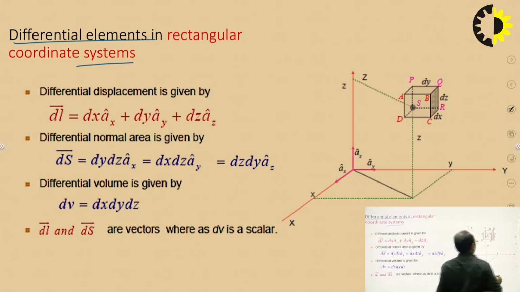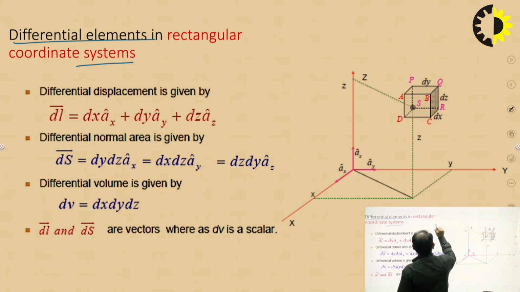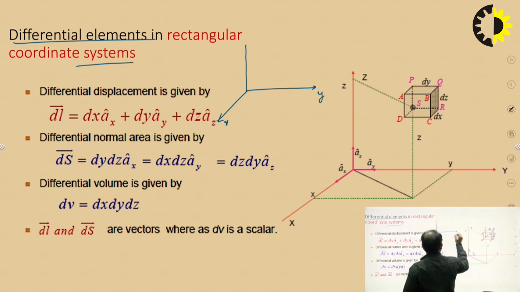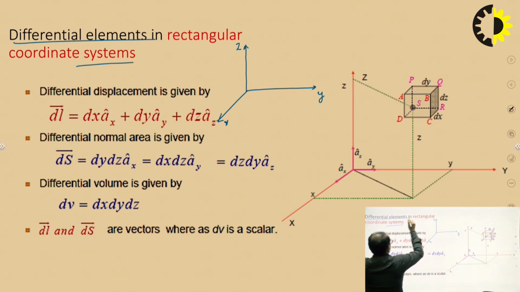Now see, let's say this is x, y and z. When I talk about the differential element, we will talk about the differential length, differential area and the differential volume.